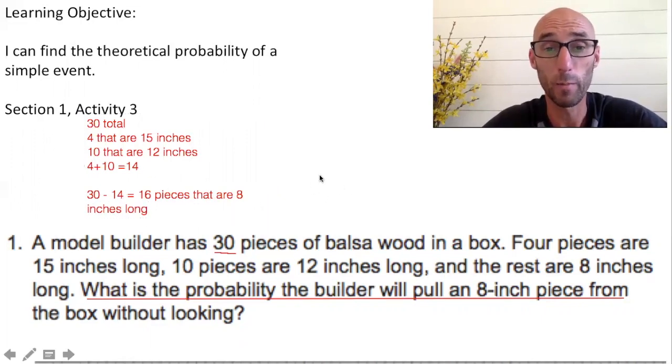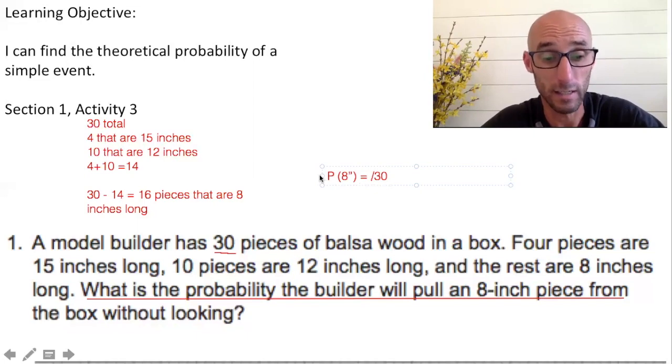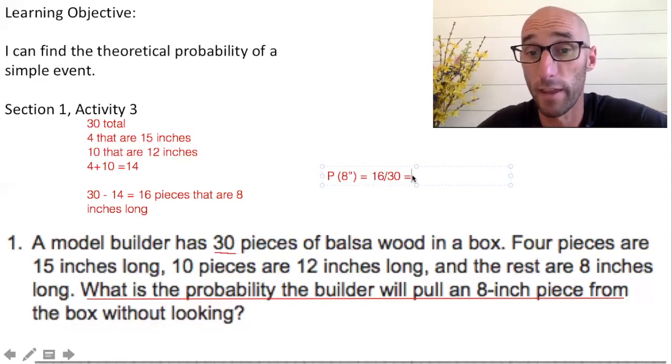So the probability that we select a piece that is 8 inches long, well, we start with how many total pieces, and there are 30 total pieces. And of those total pieces, we just learned that 16 are 8 inches long. And we do want to simplify that fraction.